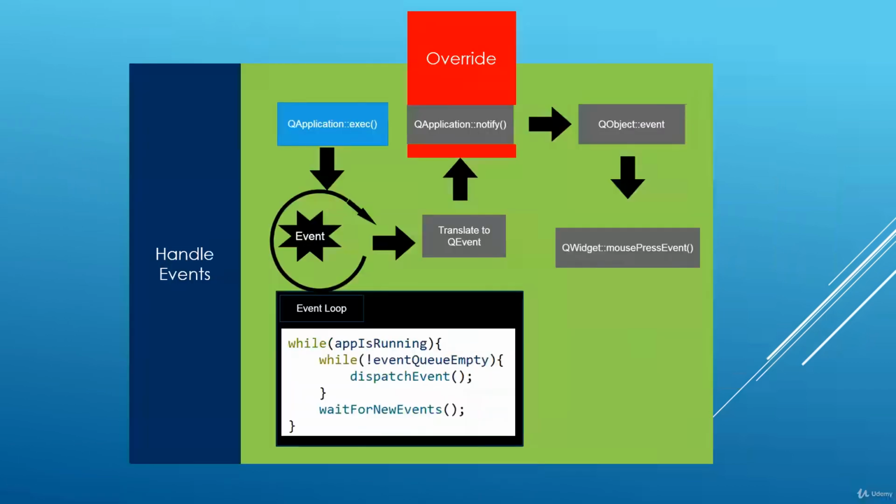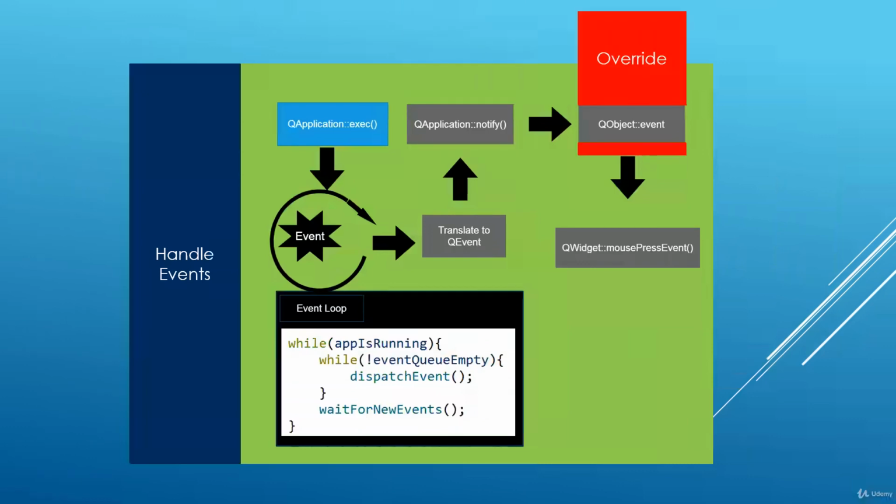Okay, now that we have more concepts, we're going to look at this picture again and recap different ways we have available to us to handle events. You can subclass the QApplication notify on your QApplication object. You can handle events there and actually influence how things happen before the events are sent to other parts of your application. You can subclass QObject event, like we saw that you can do that on the QWidget class.